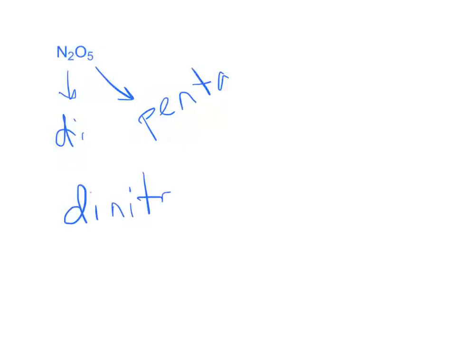So here we have a formula N2O5. The way we name this, we look at the subscript. Nitrogen has a 2, so 2 is di. The oxygen has a 5, that's penta. We put the prefix in front of the element name: dinitrogen.